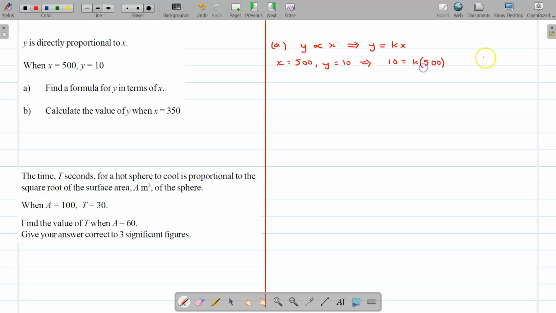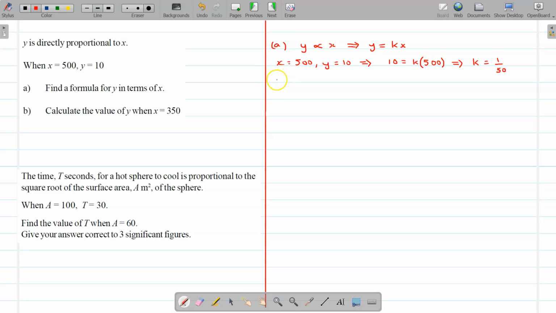Okay. And if you divide both sides by 500, you get k is 10 over 500, or 1 over 50, 1/50th. Okay, and that's the value of k. So we simply write our equation that we've done here, but instead of using k, we now use 1/50th.